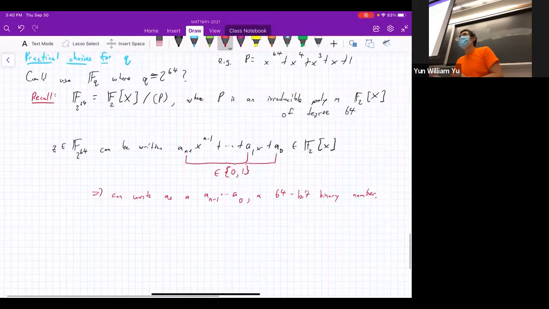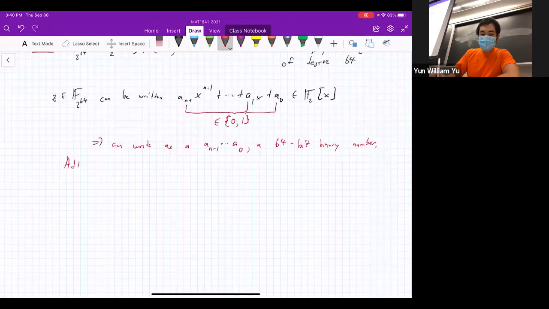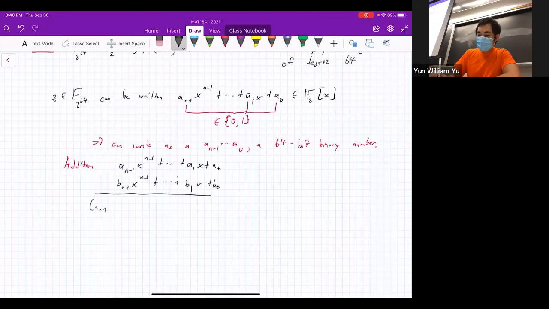And some of the operations are quite nice. Addition in this finite field is actually really quite nice. And how do you do addition? Well, you just take an XOR. Because if you had a_{n-1} x to the n minus 1 plus ... plus a1 x plus a naught, and b_{n-1} x to the n minus 1 plus ... plus b1 x plus b naught, when you add those together, you just get a_{n-1} plus b_{n-1}, etc. But you're just doing an XOR of the bits.